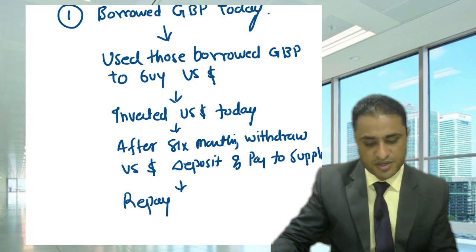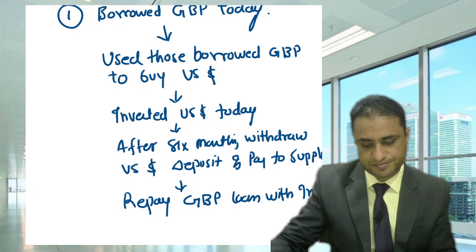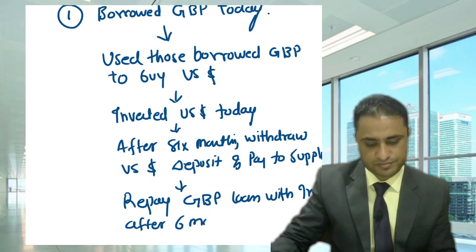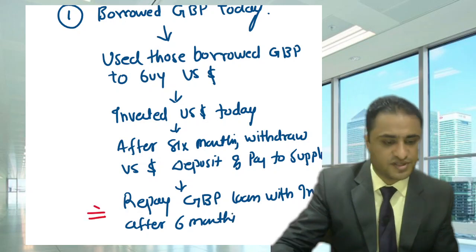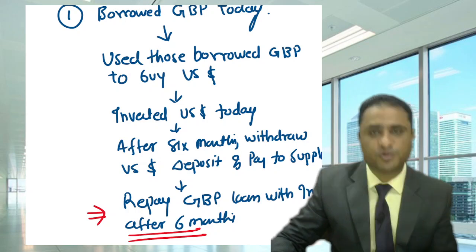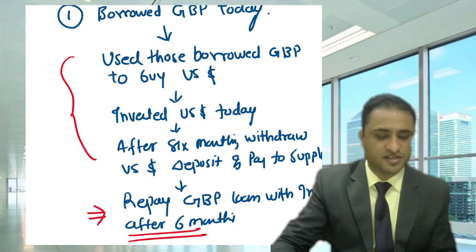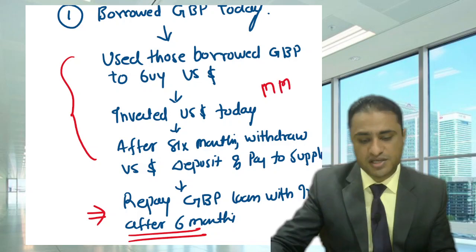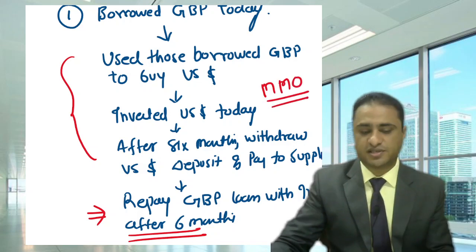Repay GBP loan with interest after 6 months. So this is a point where your exact cash outflow happens. And in this manner, the money market operation or money market hedge gets done.